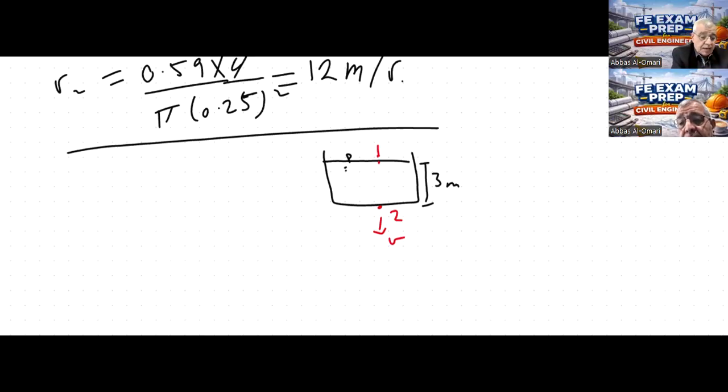That simplifies our solution. Now, whenever we apply the Bernoulli equation, we have to select a datum, a reference. Again, we select the datum that simplifies our solution. So we select the datum at the bottom of the tank. So this is the datum. Z equals 0, the bottom of the tank. So now we apply the Bernoulli equation to point 1 and point 2.